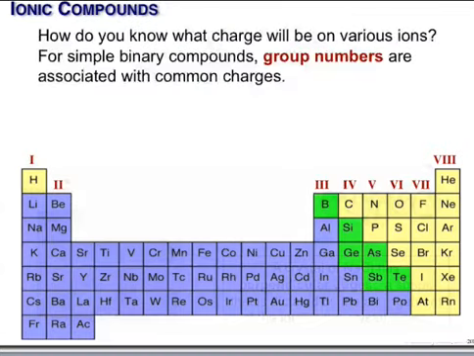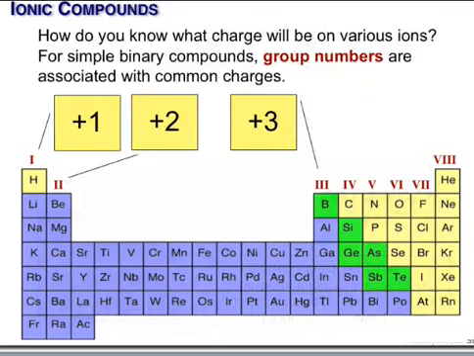All right, ionic compounds. We said that we could easily figure out the typical charge on at least the representative elements. That's the ones in these groups labeled 2 through 8. It's simply given by the group number, group 1, group 2, group 3, group 4.